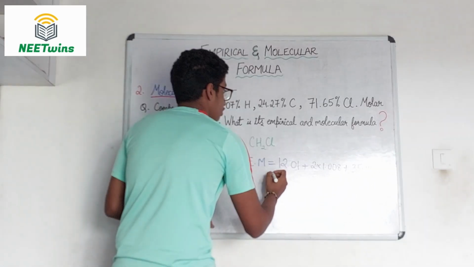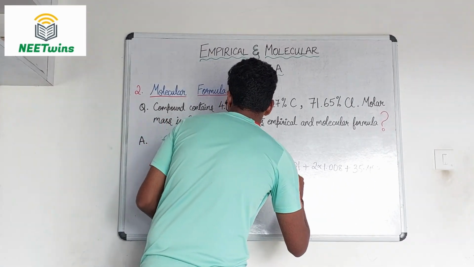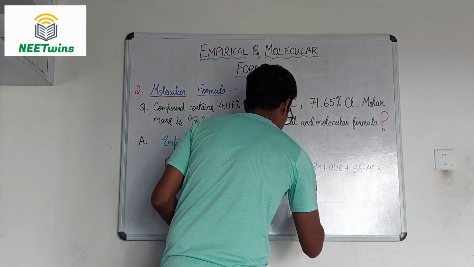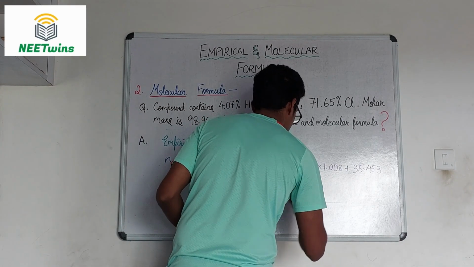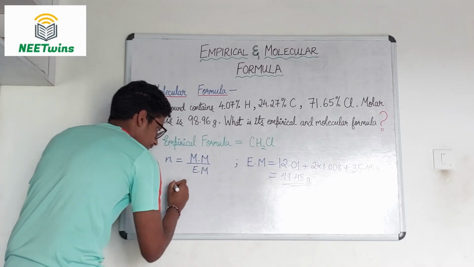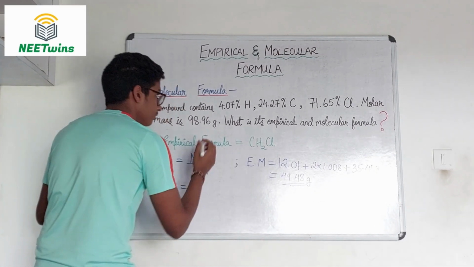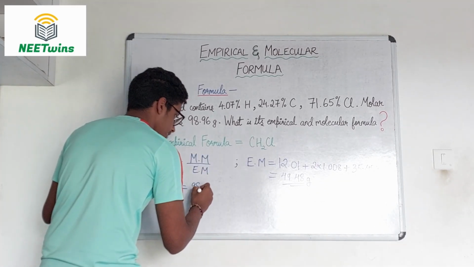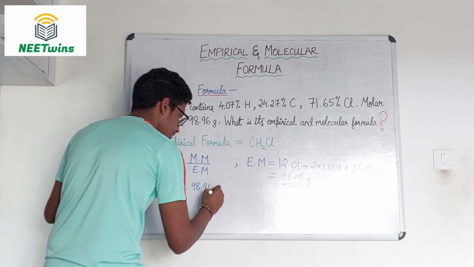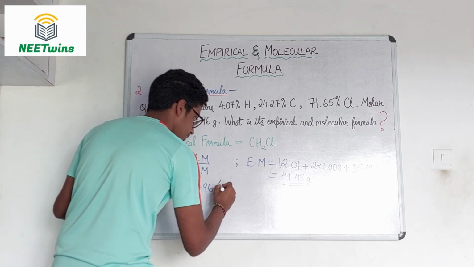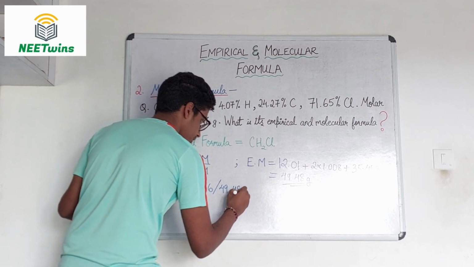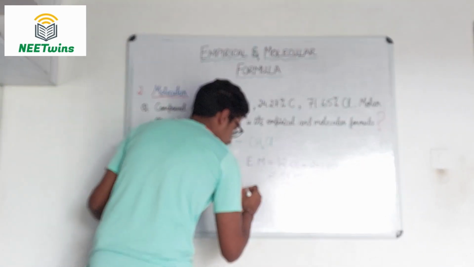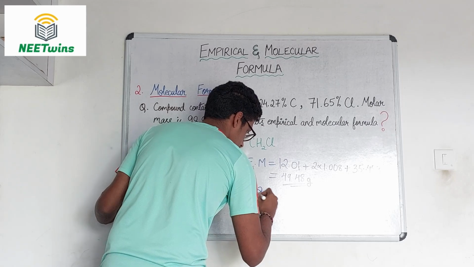And this turns out to be 49.48 grams. Now if you find the N value in this case, it is 98.96 divided by 49.48, and this is equal to 2.